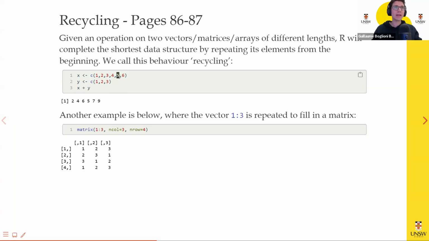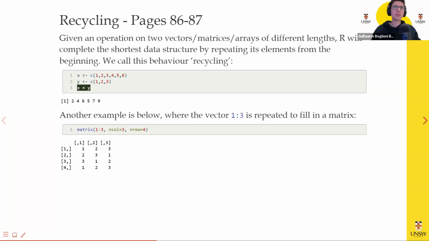Then 5 plus the recycled value 2 is 7, and you see the pattern, then 6 plus 3 is 9. Maybe that's a slightly strange behavior. Maybe it would be better if this gave you an error to make sure you're doing something legal. But anyway, that's the behavior of R for mathematical operations on things whose dimensions don't fit.